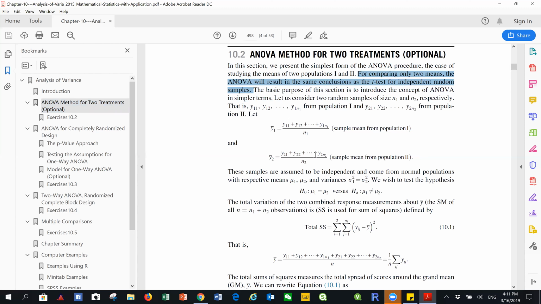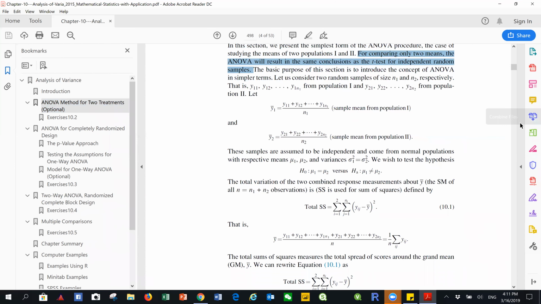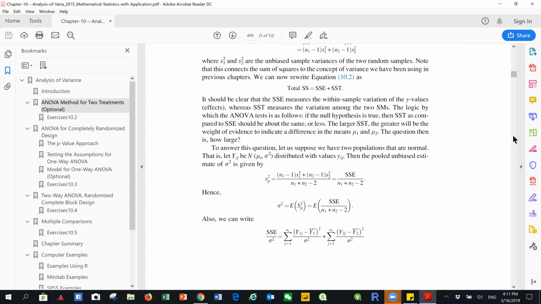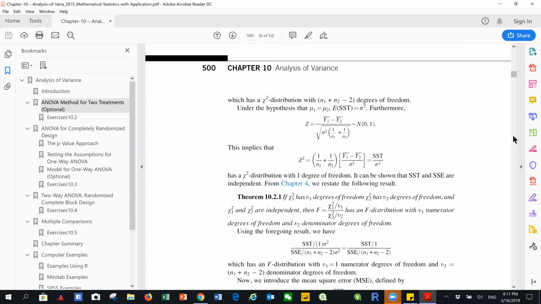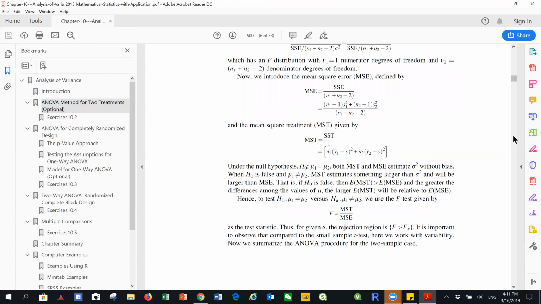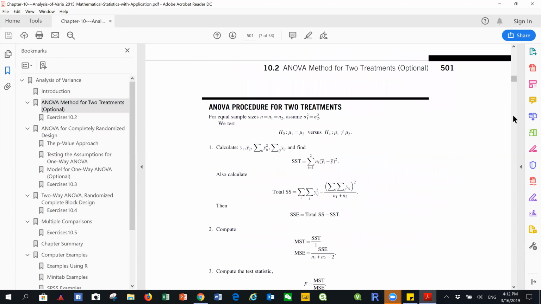When you derive it, you will be able to see that the ratio, when you only have two, becomes an F test.